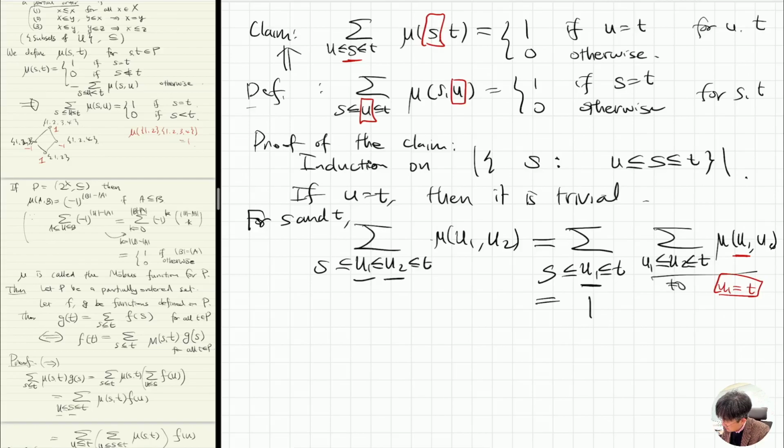I should say non-zero if and only if U1 is equal to T. So this whole sum is 1. But let's do the other way.